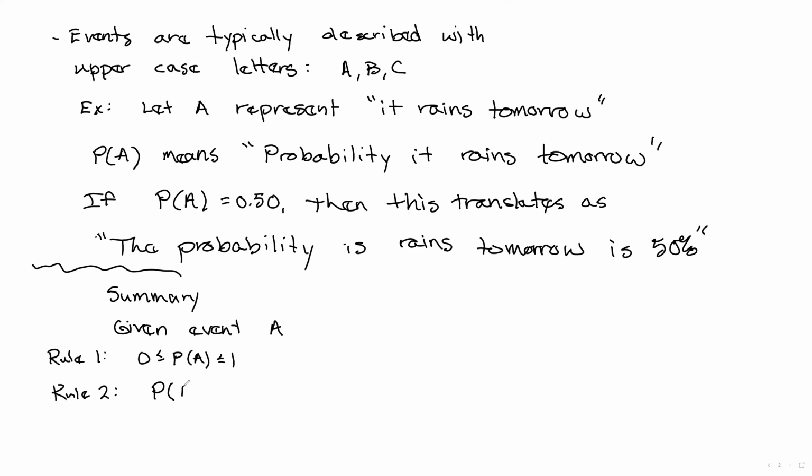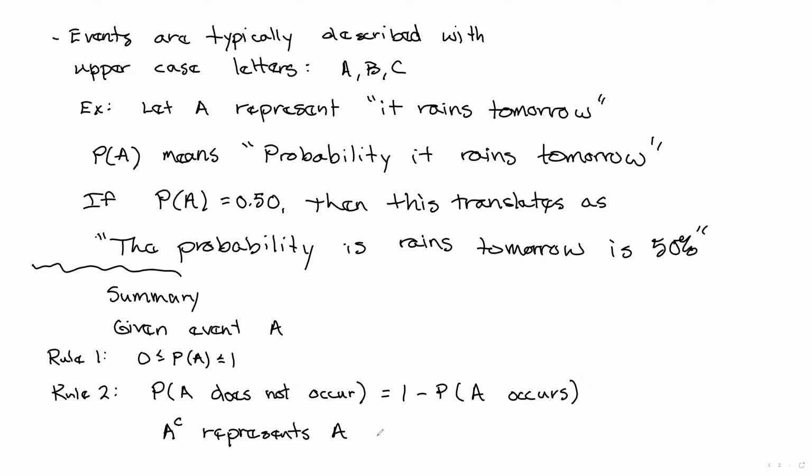The probability A does not occur equals 1 minus the probability that A occurs. We can use A complement to represent A does not occur.